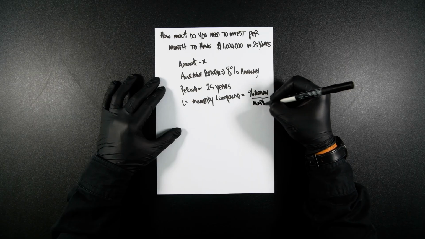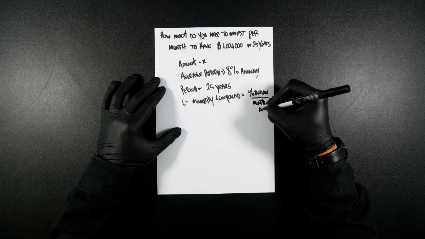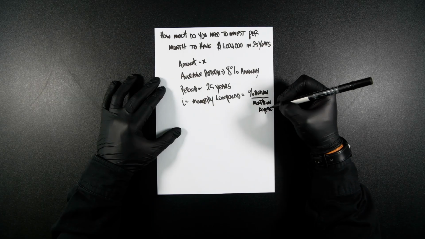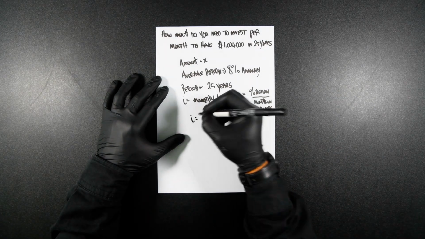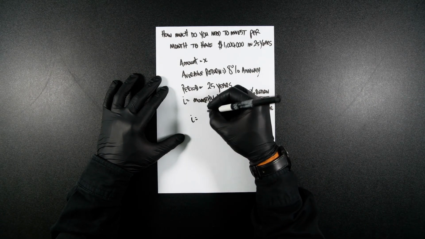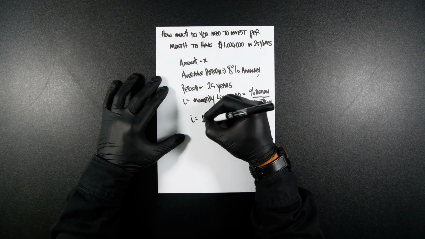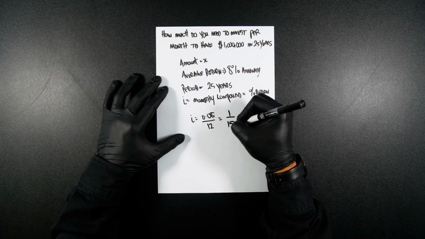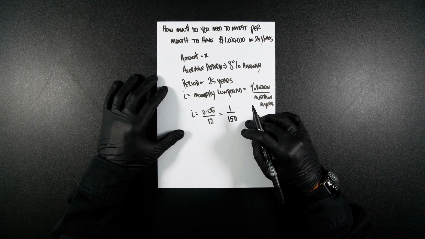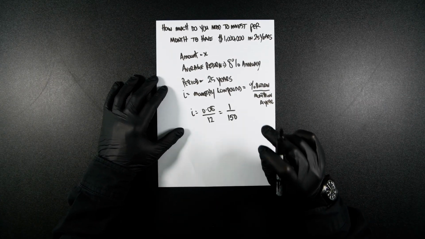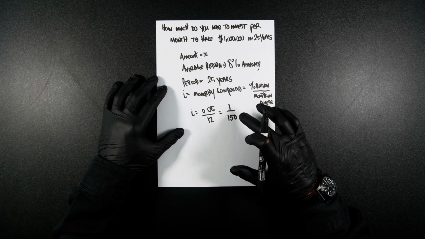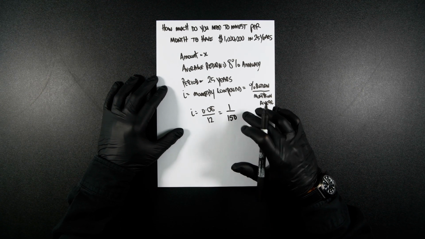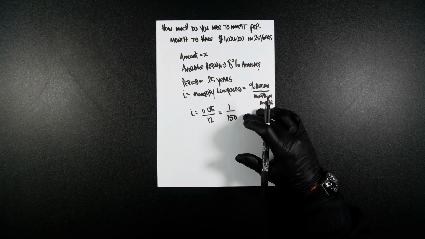So I would be, represented as a decimal, 0.08 over 12, which is 1 over 150. And this is the most crucial part: going to leave this as a fraction. Do not represent this as a decimal.